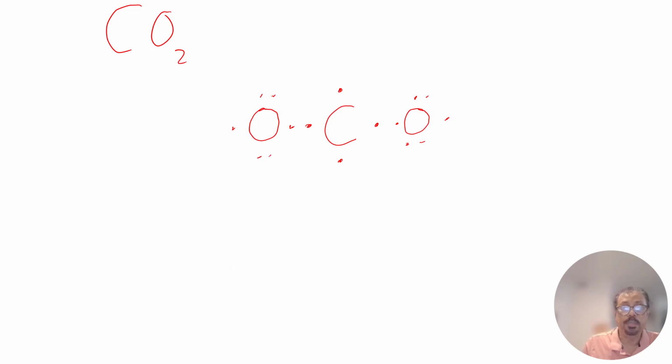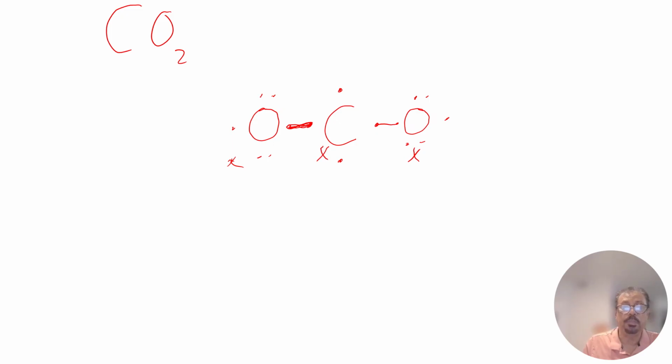Now we're going to create the single bond. Now let us check for the octet rule. Oxygen has 1, 2, 3, 4, 5, 6, 7. It's not acceptable. The other oxygen also has 7 electrons. And what about carbon? It has 7 as well.